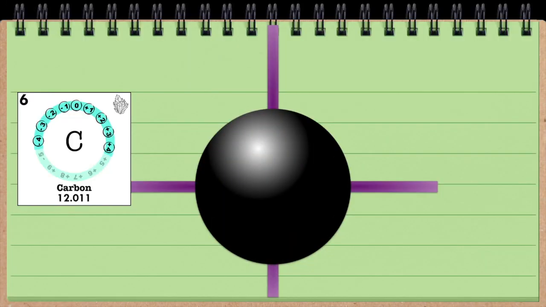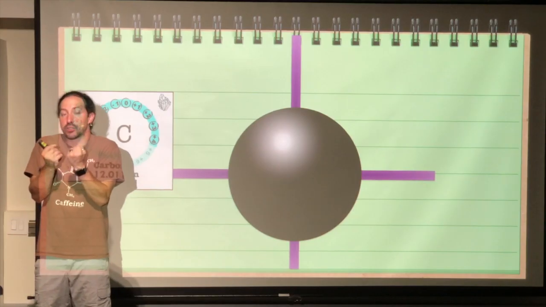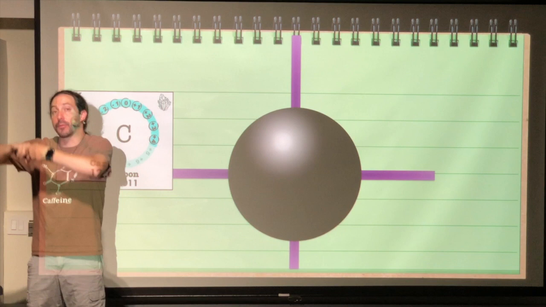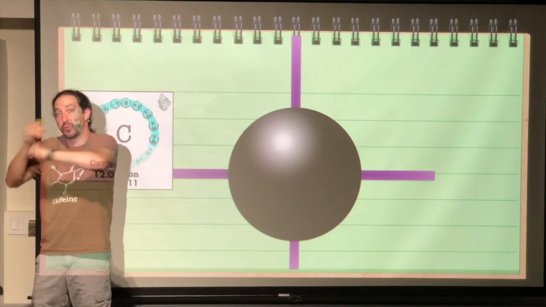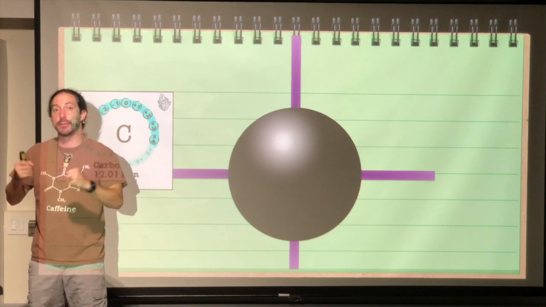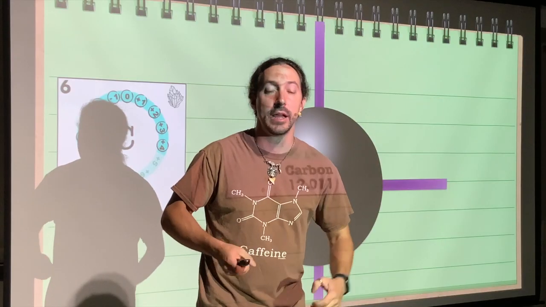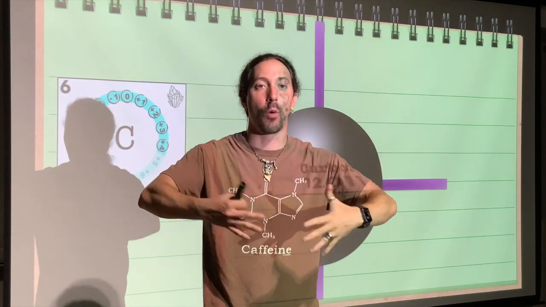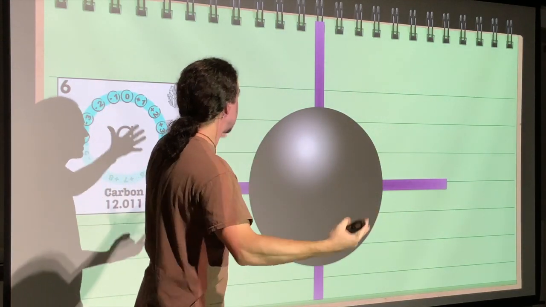So carbon is able to make 4 bonds because each one of its electrons can pair up with an electron from another element and be shared between the two, and that means that it can make those 4 different bonds. But it doesn't have to make 4 single bonds. Carbon has some options.